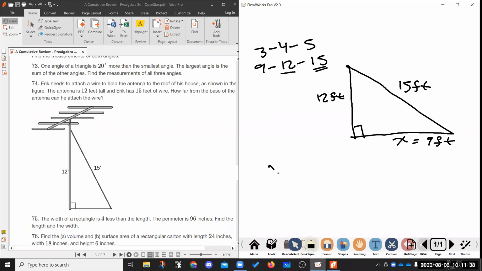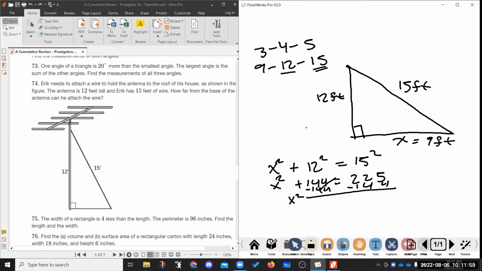So we're going to say x squared plus 12 squared is equal to 15 squared. And that means that x squared plus 144 is equal to 225. X squared, subtract 144 from both sides.